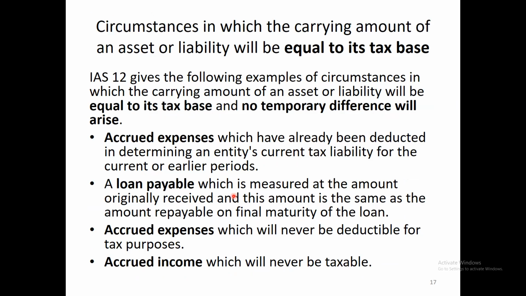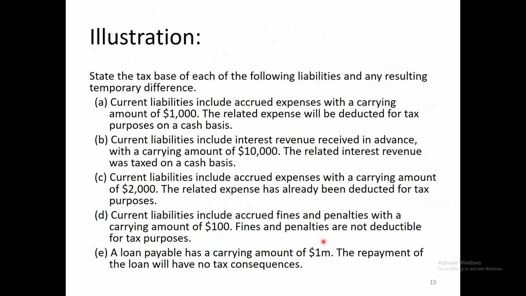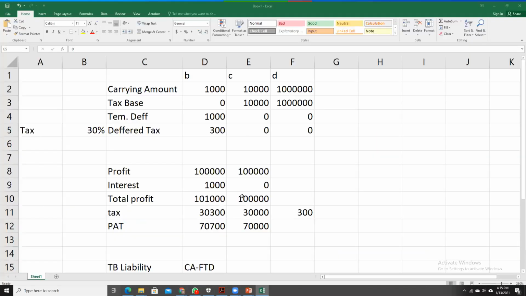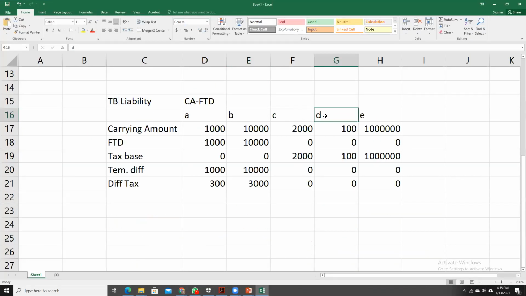And accrued expenses which will never be deductible for tax purposes, for example fines and penalties. So here, D, the carrying amount and tax base are equal.